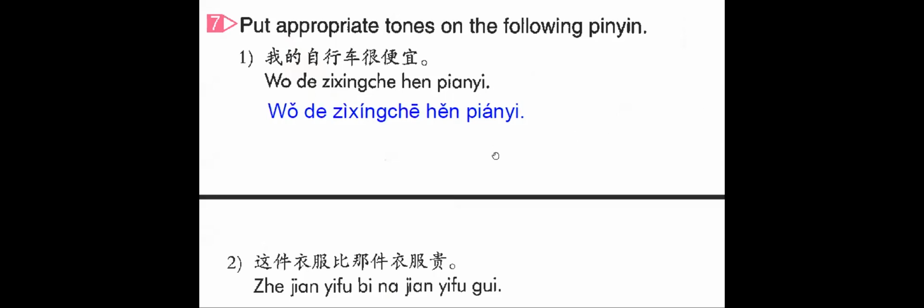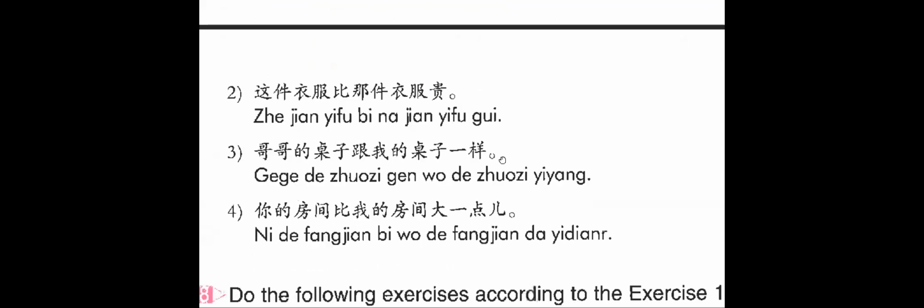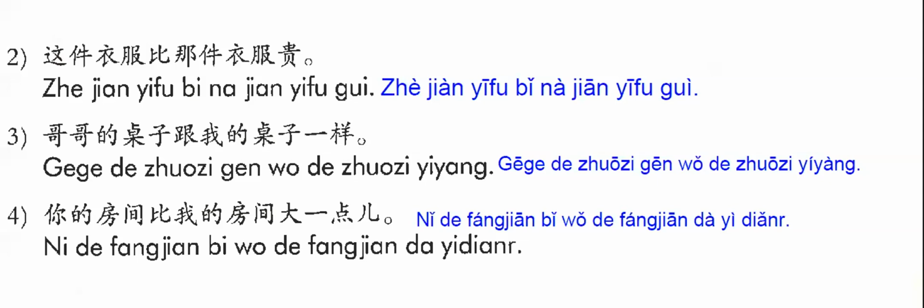Sentence number 2. So here you have these sentences. Number 2, 这件衣服比那件衣服贵. This piece of clothes compared to that one is expensive, okay, more expensive.